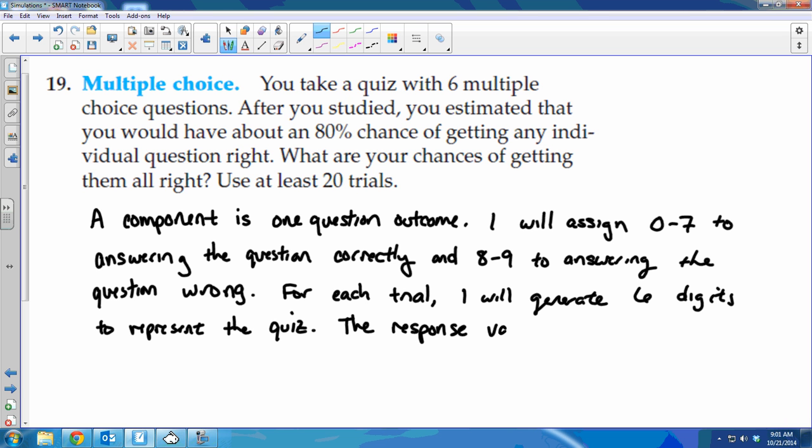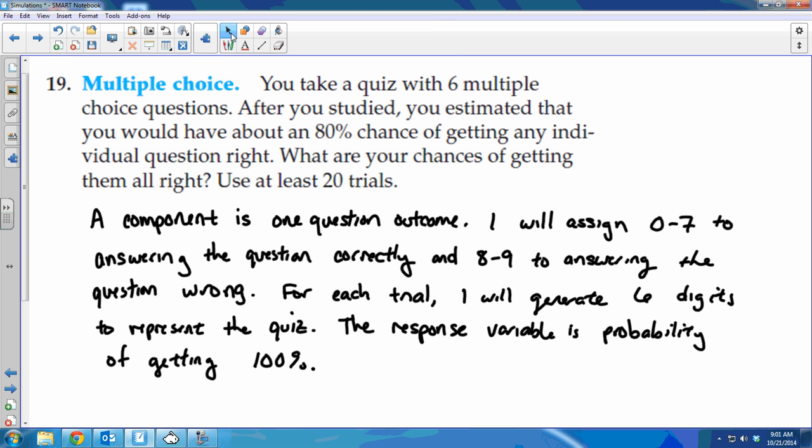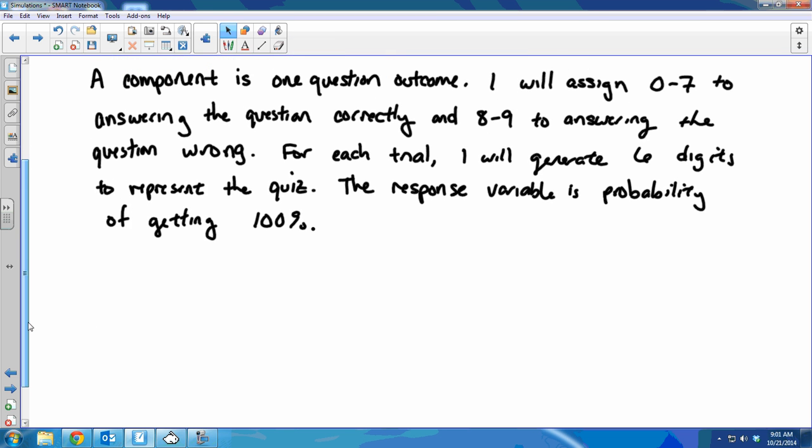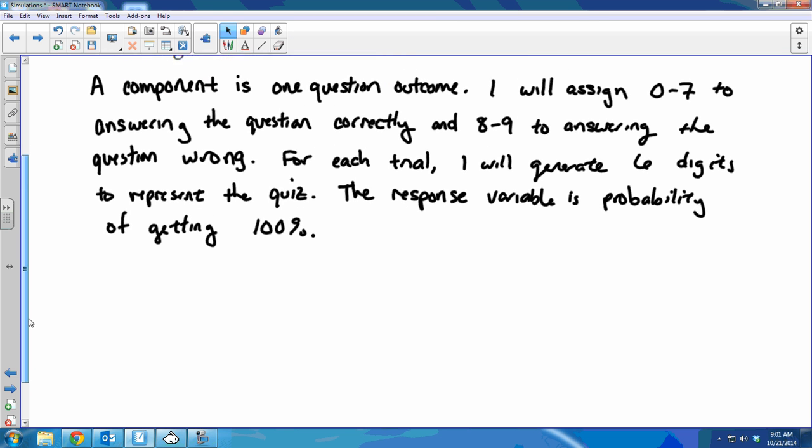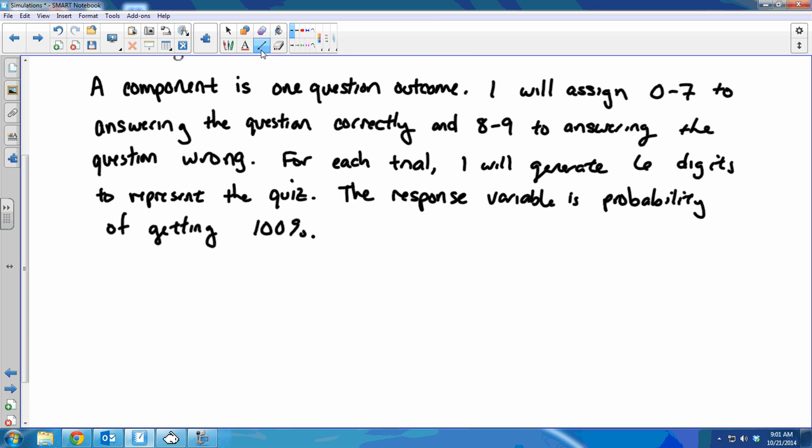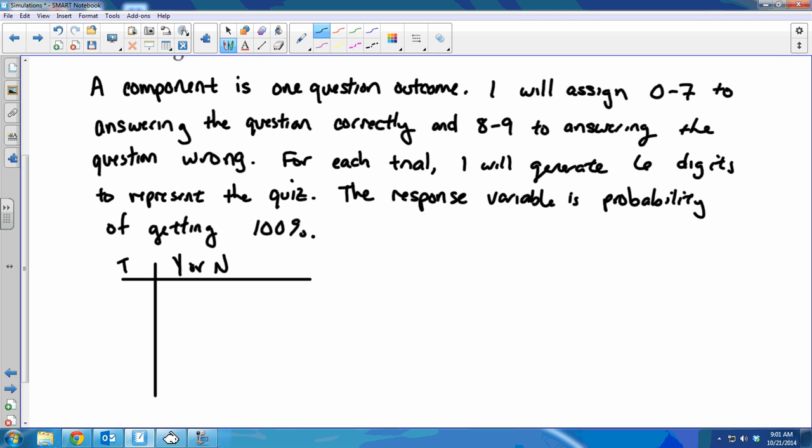Right, the response variable is the probability of getting 100%, right? Of getting them all right. So again, it says do 20 trials. I'm going to save this time and do 10. So trial number, and then yes or no, you got 100% or not, right?